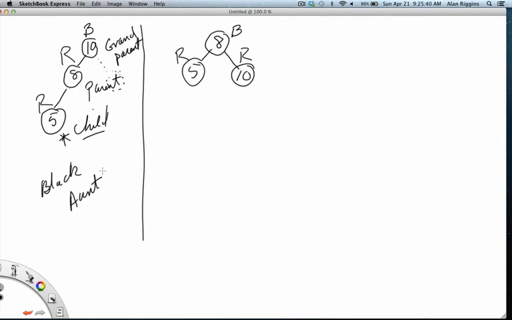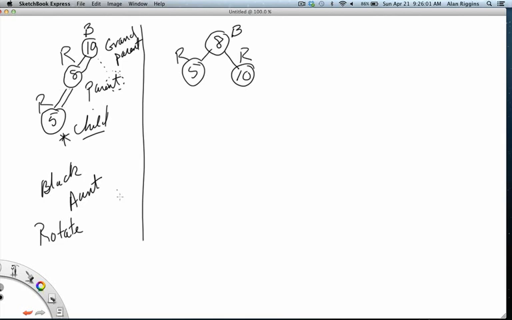This is the black ant condition. For these, you must rotate. A black ant is a rotate, either a single or double. And thankfully, the rotation rules for red-black trees follow as they do for AVL, which means you look at the path you followed doing the insertion. It's a straight line.